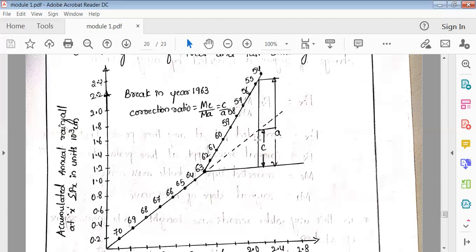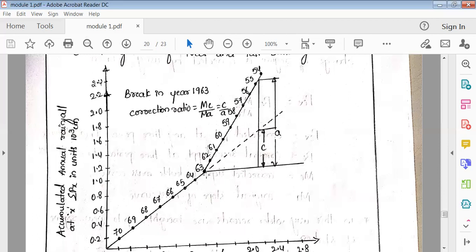C means correction, A means accurate, actual. So correction divided by accurate, that is nothing but C intercept divided by A intercept, will give us the correction ratio. This is how we use this method to calculate the inconsistency.